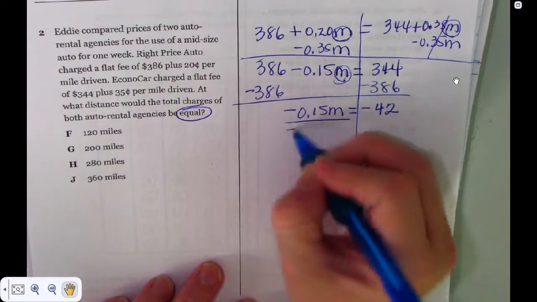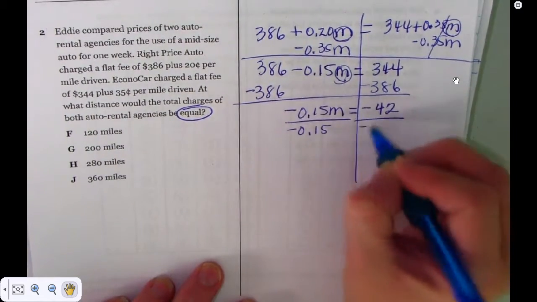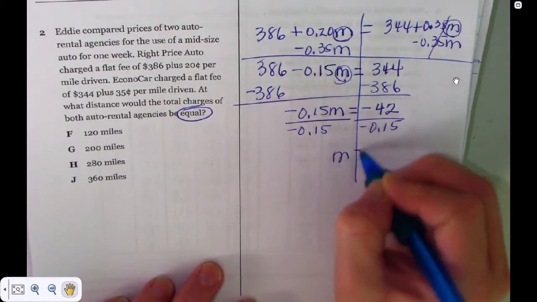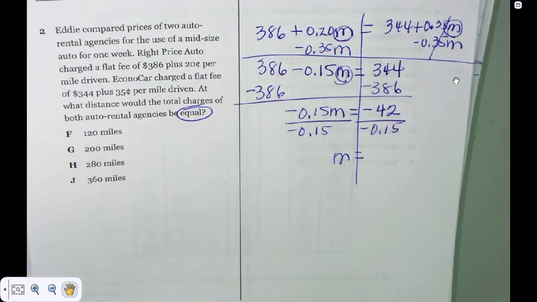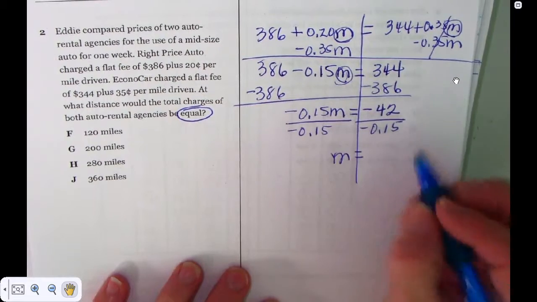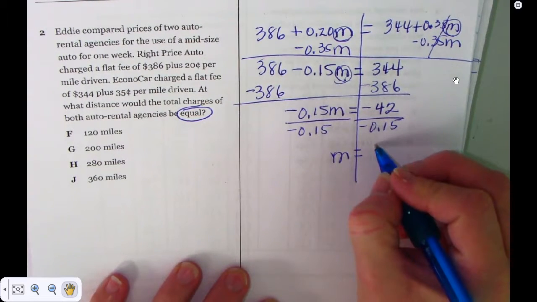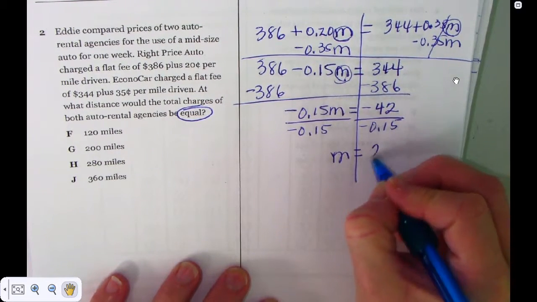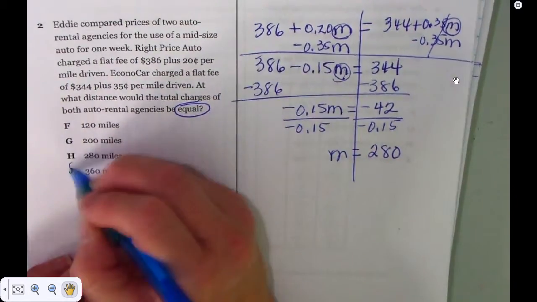I'm going to divide by negative 0.15 on both sides. What do you get? 280.